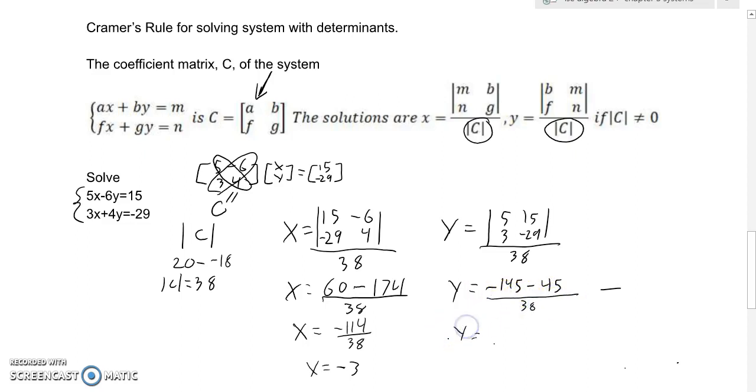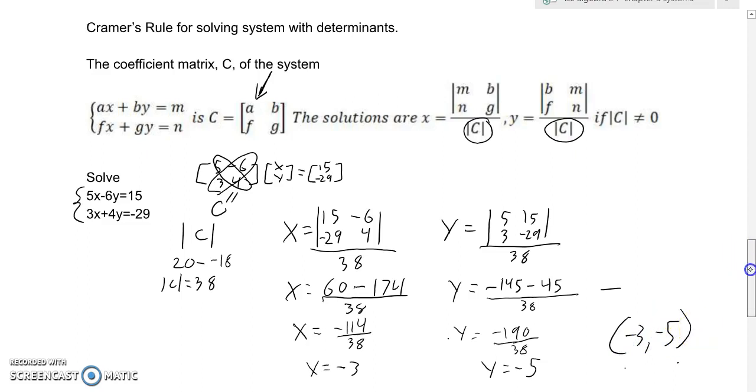So y is negative 190 divided by 38, which is negative 5. So our x, y solution to this is negative 3, negative 5.